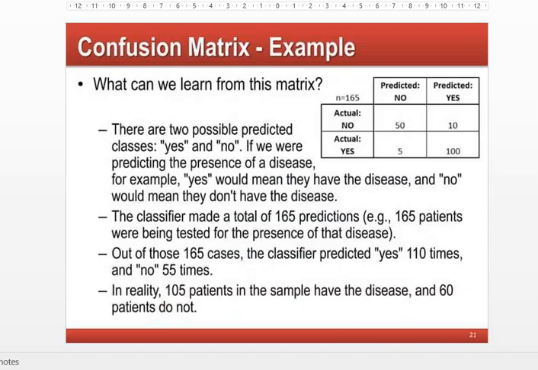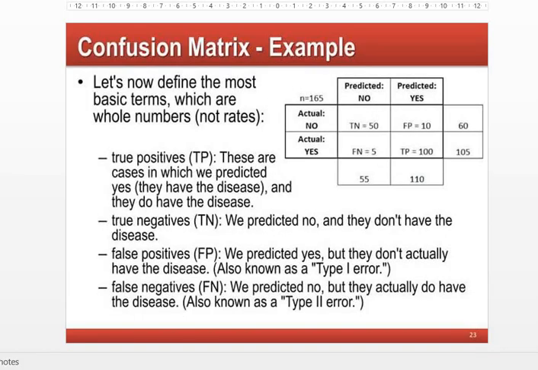Here there will be two predicted labels. One is yes, another one is no. So it is actually yes or actually no. It will be calculated as true positive, true negative, false positive, and false negative. True positive is the case where we predicted the particular class as positive, and the result is also positive. That is true positive.